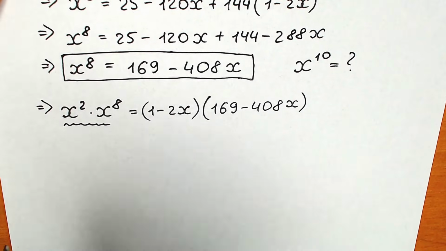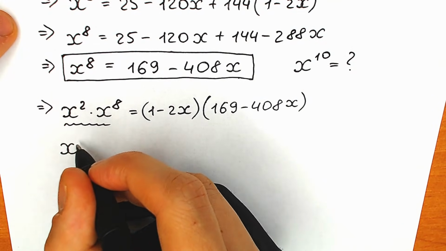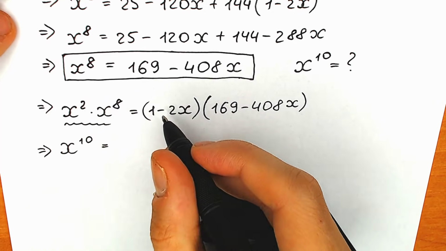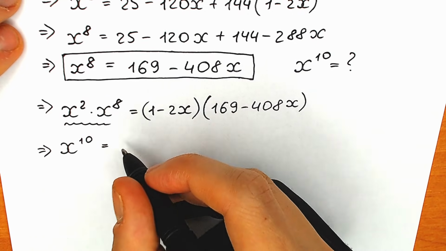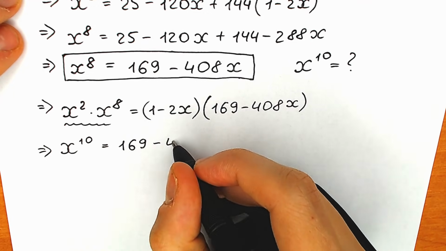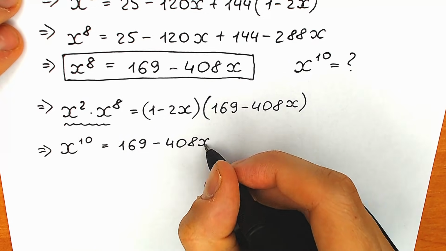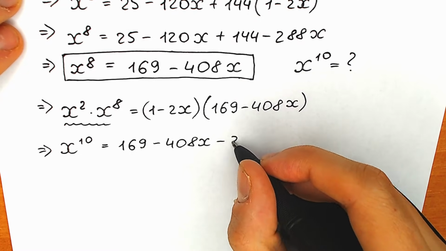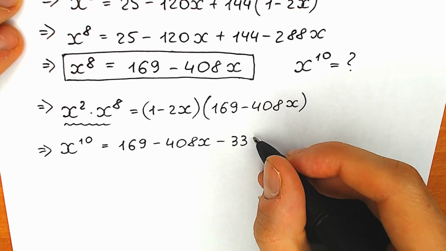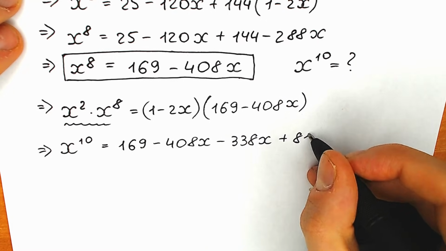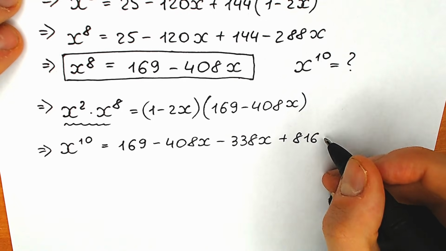On the right side, let's multiply parenthesis by parenthesis. So we have 169 minus 408x minus, we multiply 2 times 169 equal to 338x, and plus 816x squared.